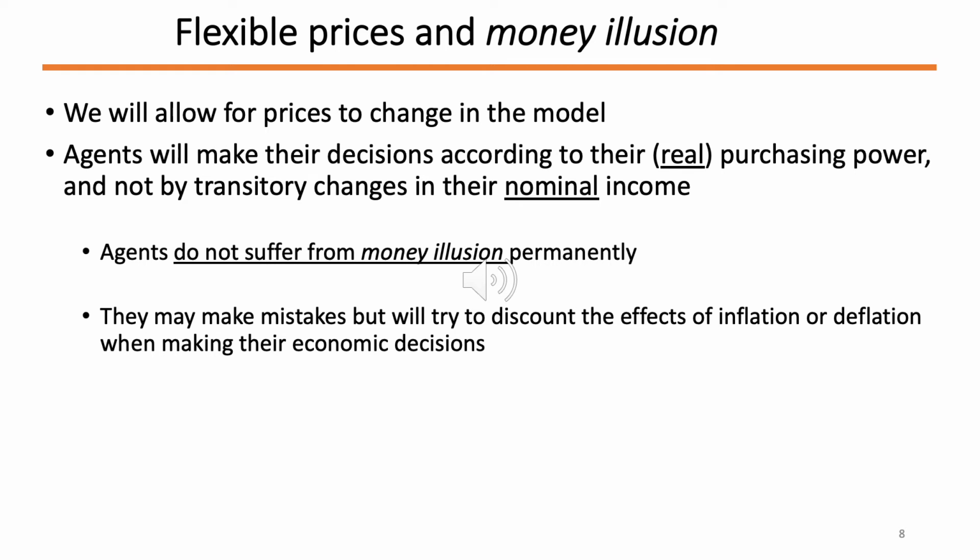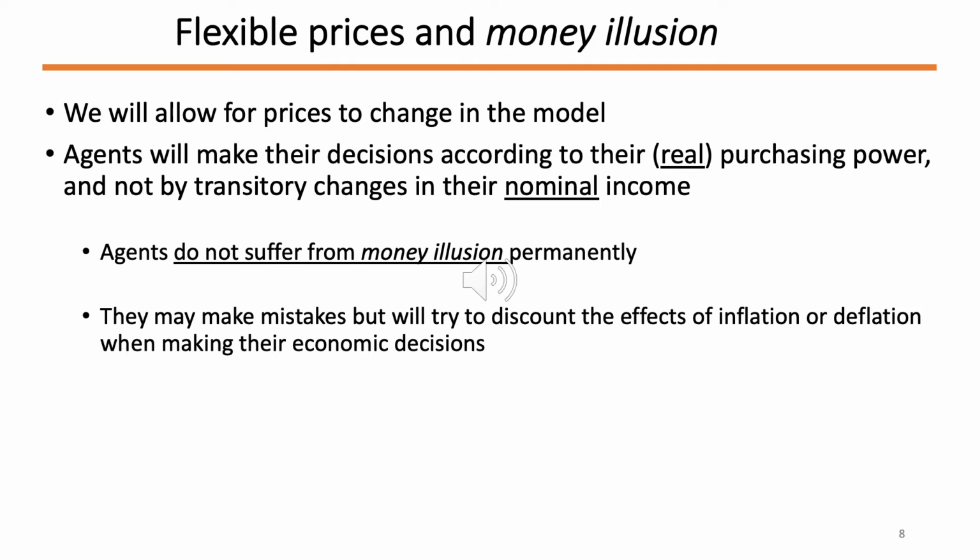We're going to assume that agents act in a rational way, meaning that they make their economic decisions about spending, for example, according to the real purchasing power of their income, and not by just temporary changes in the nominal income. By doing that, we say that agents do not suffer from money illusion permanently.